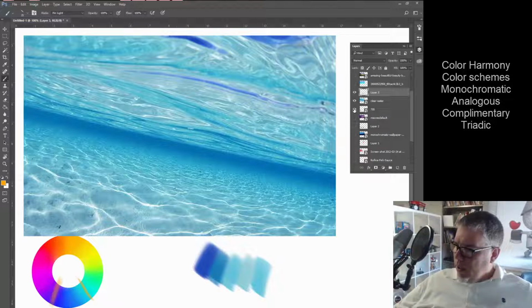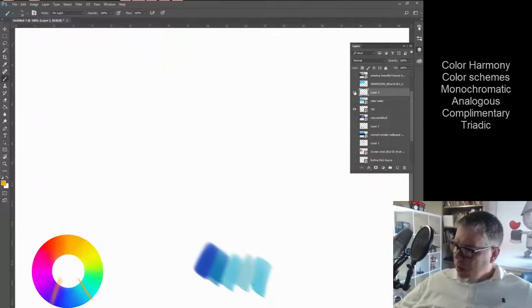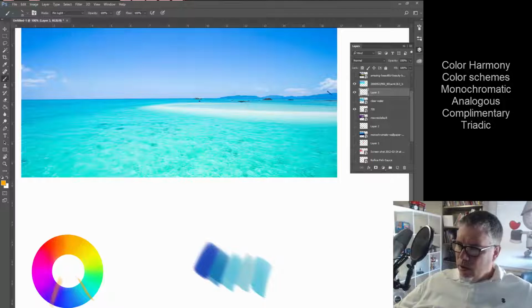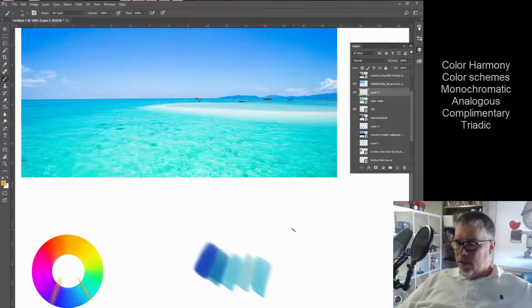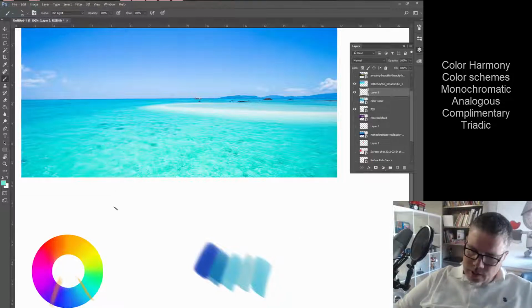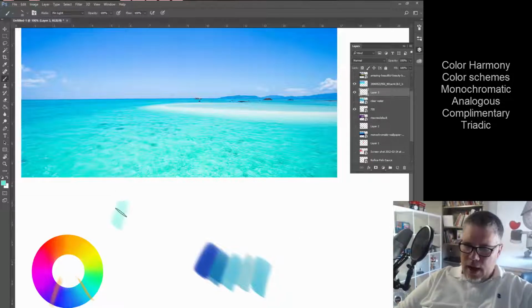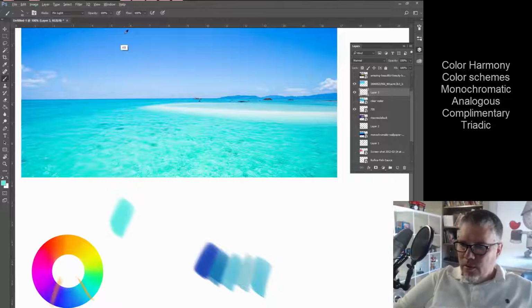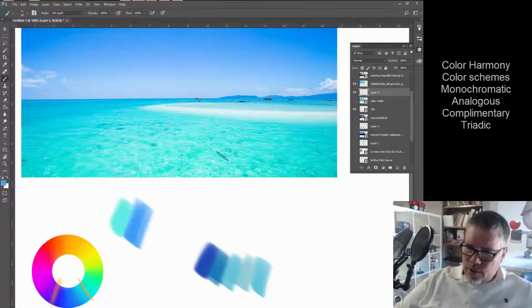Now, if we look at this photo, let's see here. This one, you'd be tempted to say it's analogous, and it mostly is, but I'll show you why it's not. And again, I would mostly call it analogous, because we're in that same zone, same family of colors again.